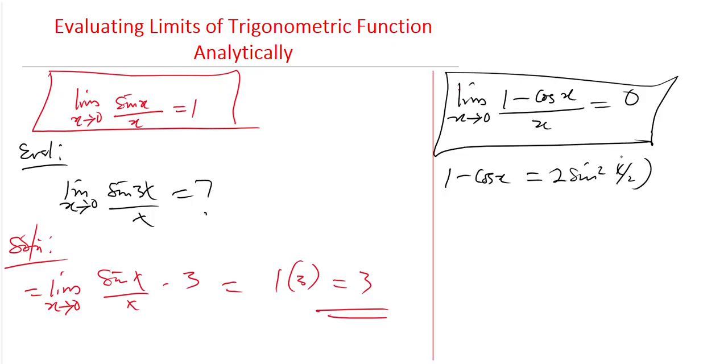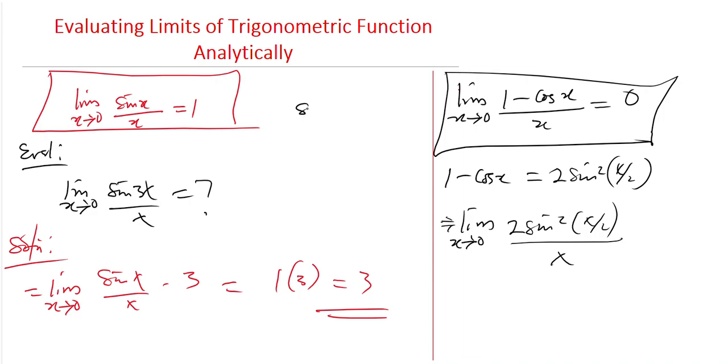x over 2. If we replace the value of 1 minus cos x with this in that expression, it will imply that the limit as x approaches 0 of 2 sine square x over 2 all over x.